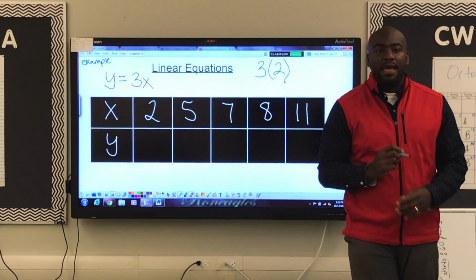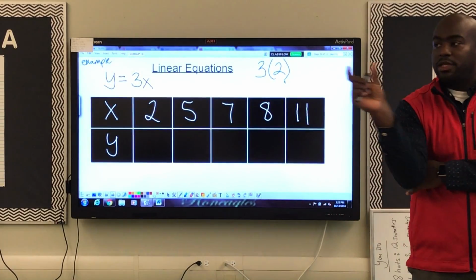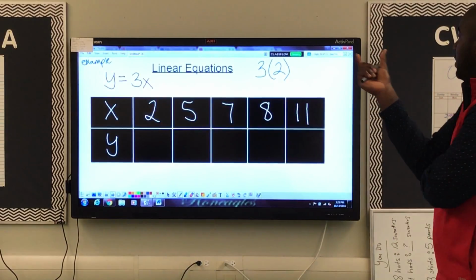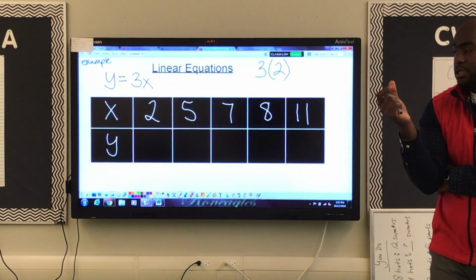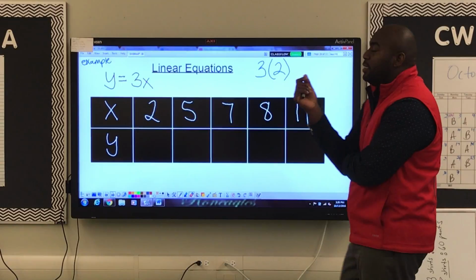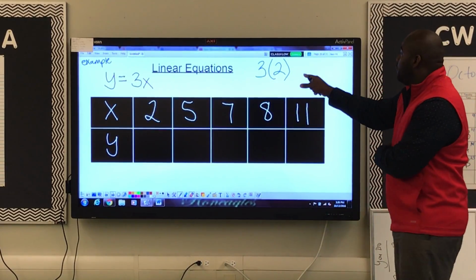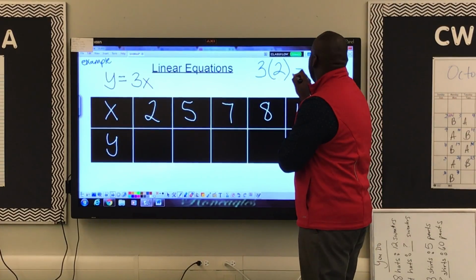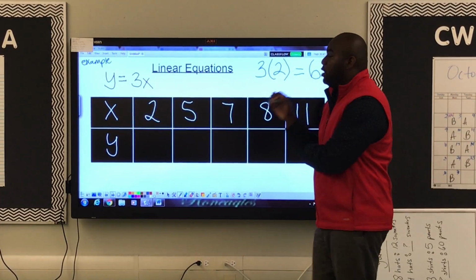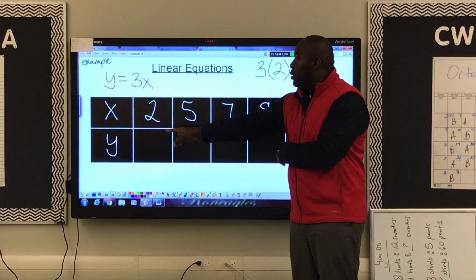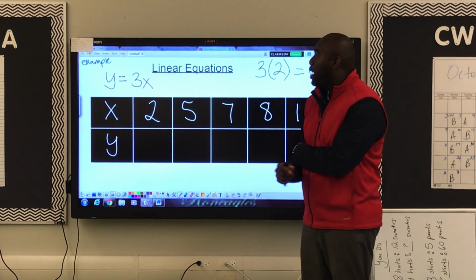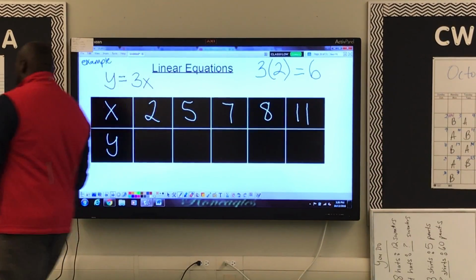what operation is that? We can't just put the 2 beside the 3 and say now we have 32. What's the operation? Right, the operation is multiplication. So 3 times 2 is 6. So under this first cell, when x equals 2, y equals 6.